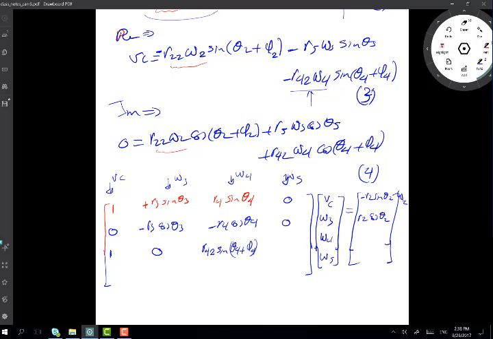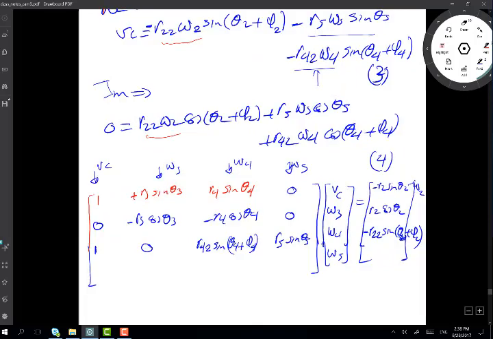On the other side, I will have negative, and omega 5 also will move to the other side, so it will be plus R5 sine theta 5. And then on the other side, I have minus R2 sine theta 2 plus phi 2. This is on the other side of the equation, right?